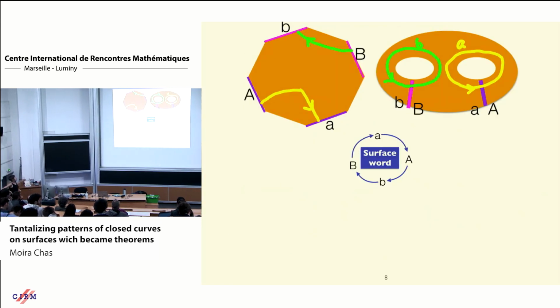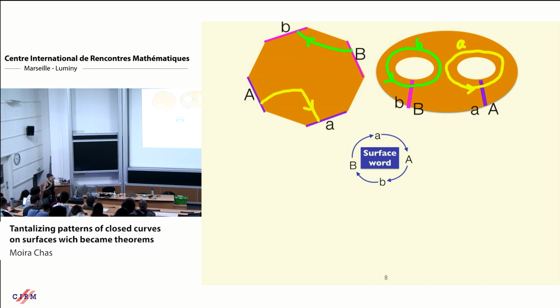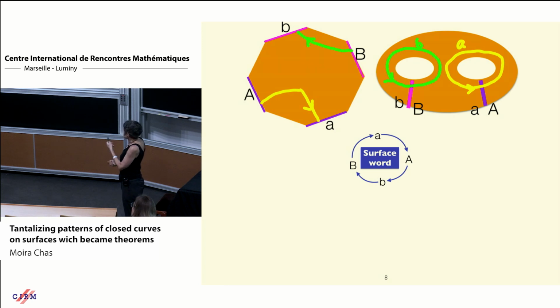So now we're going to look at curves. The surface is fixed, the surface word is fixed. I'm going to look at curves on the surface, and as you see, I draw two particular curves in the pair of pants. The first is labeled by B. Why do I label the green curve by B? Because these are directed curves.